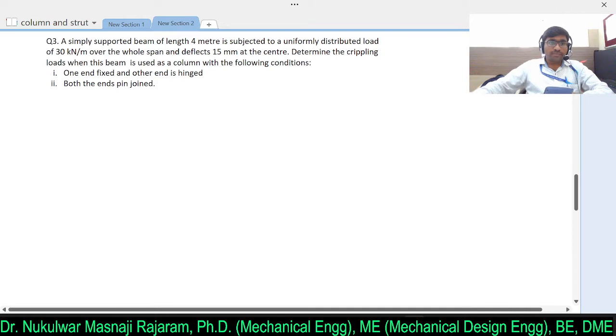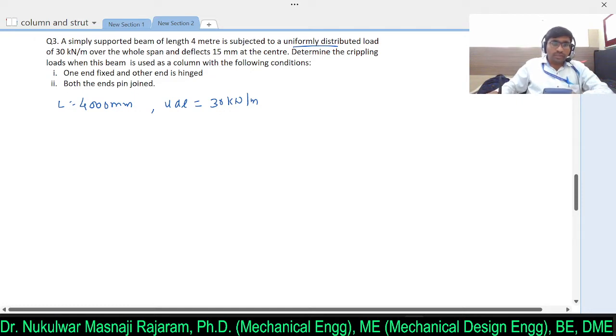A simply supported beam of length 4000 mm is subjected to UDL. Now the UDL is given, that is 30 kilonewton per meter. Clear? Now this is most important.